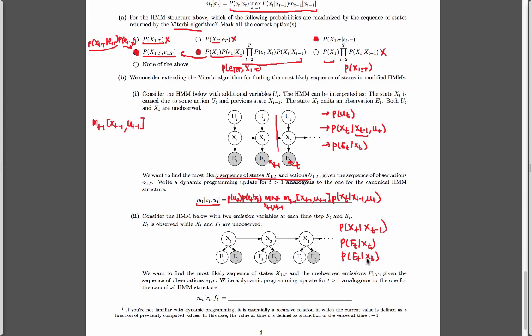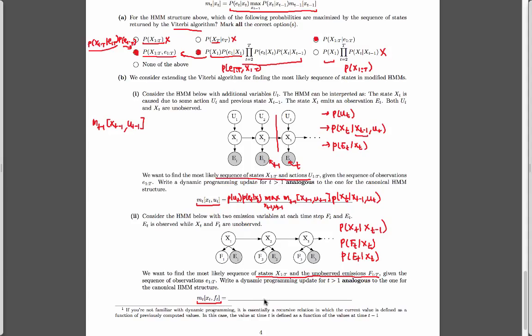So now we want to maximize over the most likely sequences of states and the most likely sequence of unobserved emissions, given the sequence of observations e_1 through t. So this update, as before, is a function of both variables, x_t and f_t.